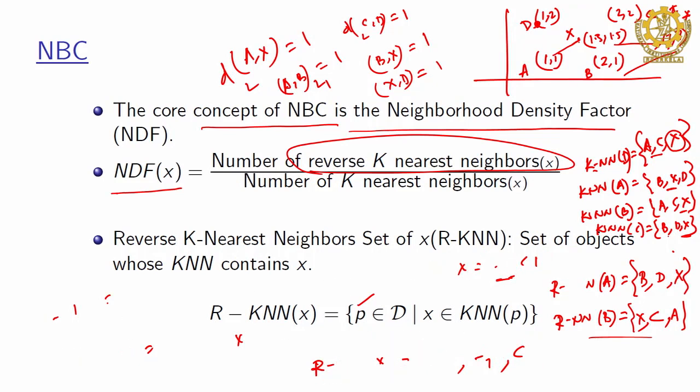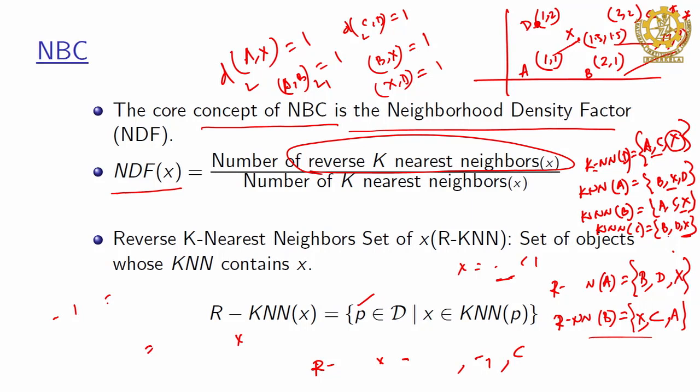Now, for the reverse kNN, the k value is 2. But before that, what do you have to do? You have to compute the kNN of all points, then only can you compute the reverse kNN. Even if k is 2, at the last level, if there are multiple points at the same distance, you have to include all points.